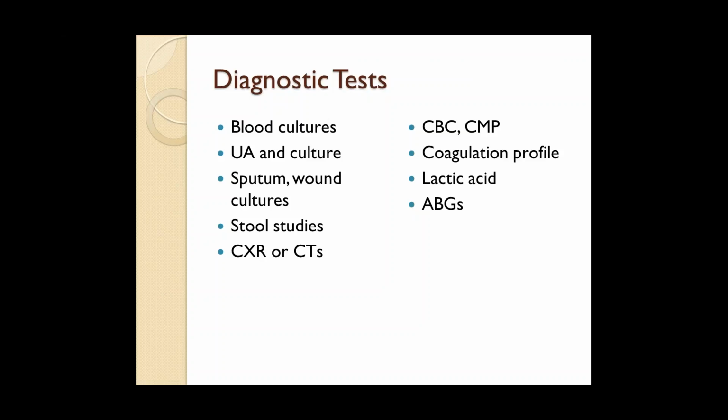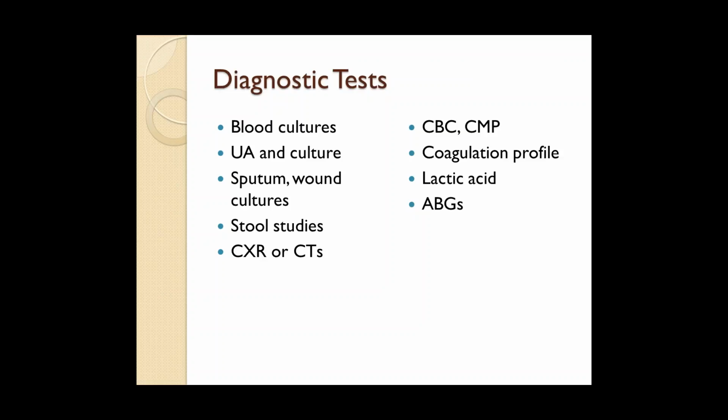The diagnostic tests used to evaluate a patient who is septic or in septic shock revolve around identifying the source of the infection and assessing the level of organ damage and/or involvement. Patients will require cultures from multiple sources, including the blood, urine, sputum, and any open or visible wounds. Stool studies can be used to identify any underlying infection in the stool.